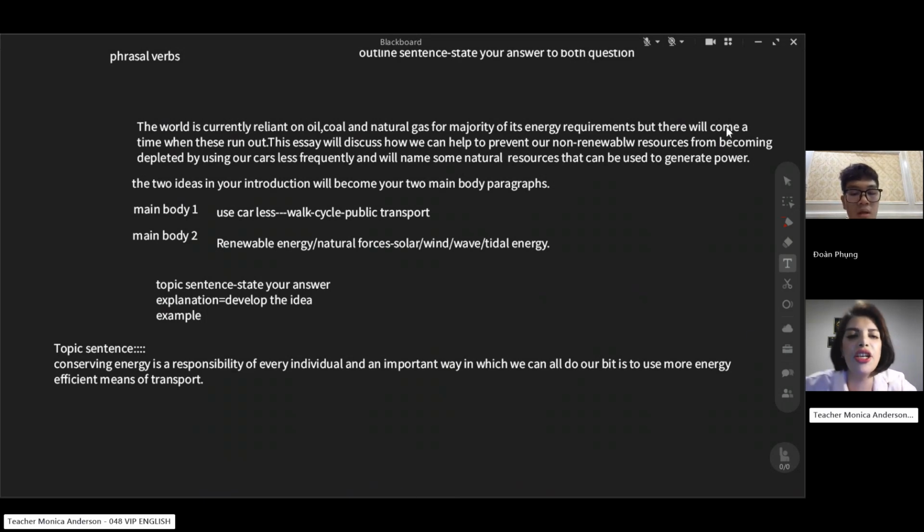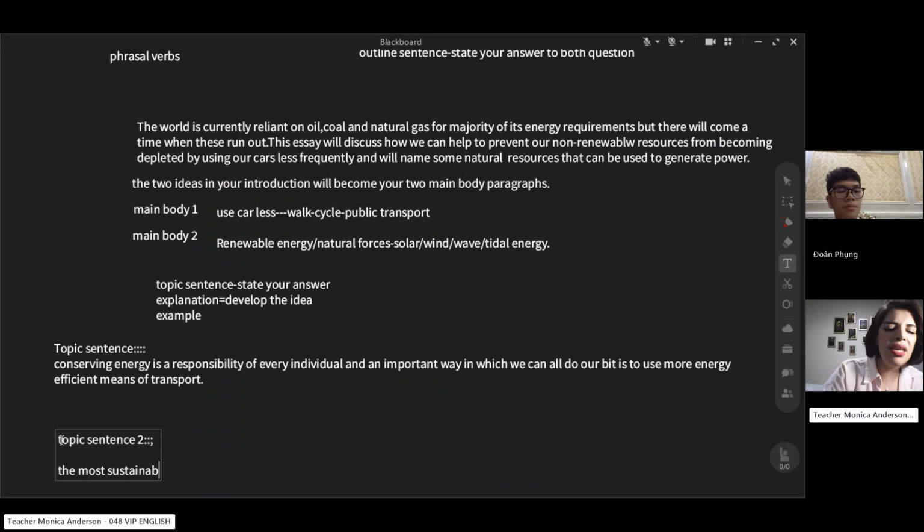Okay, we're going to write about renewable energy. Let's do it together. I can say that maybe the most sustainable, let me write topic 2. What is the meaning of sustainable?